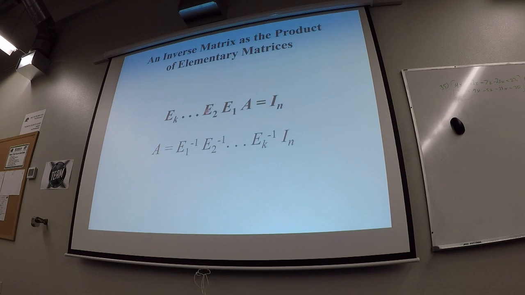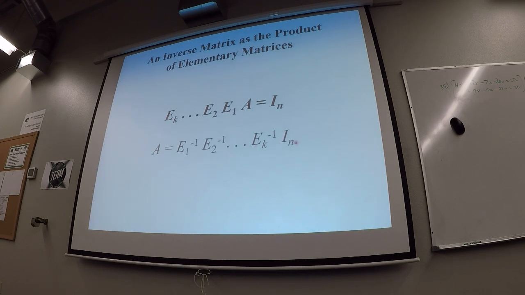When my elementary matrices are on this side of the equation, I'm going from the highest number to the lowest number. And when it's the inverse of those elementary matrices, I'm going from lowest to highest. Okay? Super important. Now, I can simplify this equation just a little bit more.